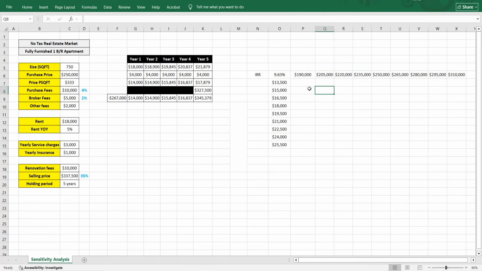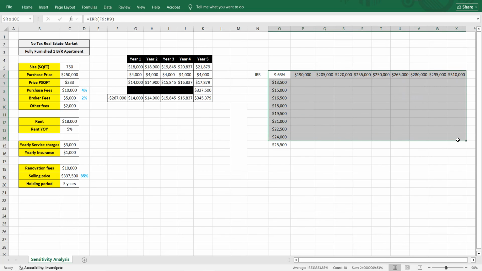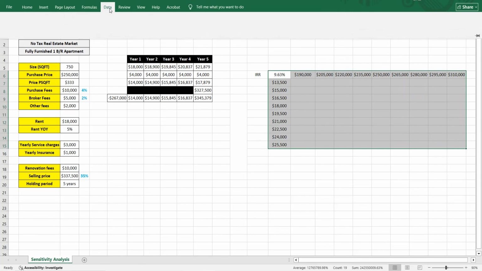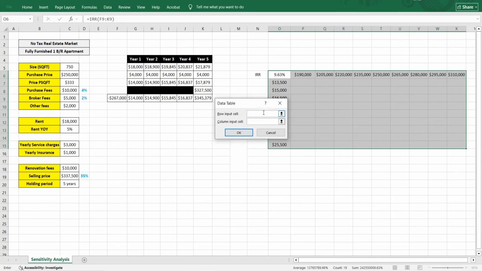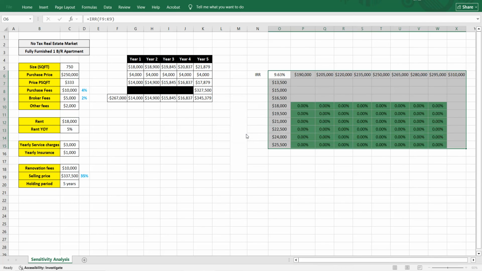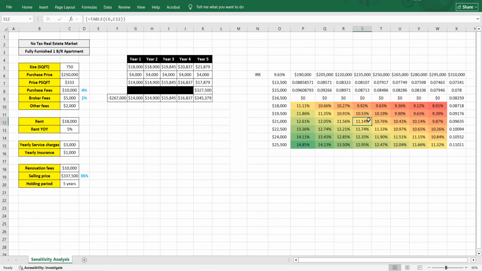Now to create our table, we select everything. We go to Data, What-If Analysis, Data Table. On the row input we have the purchase price, and on the column input we have the rent. We click OK, and we get the different values.